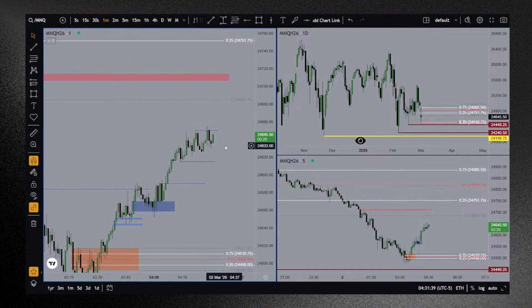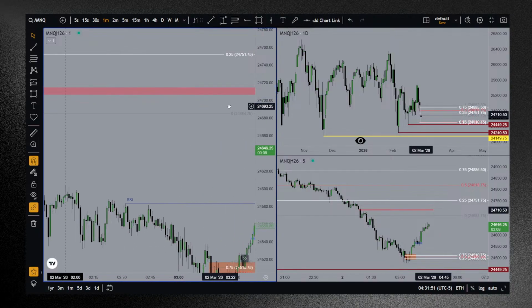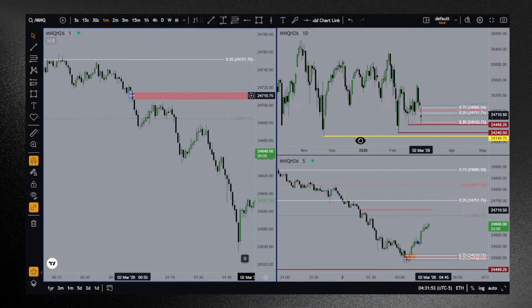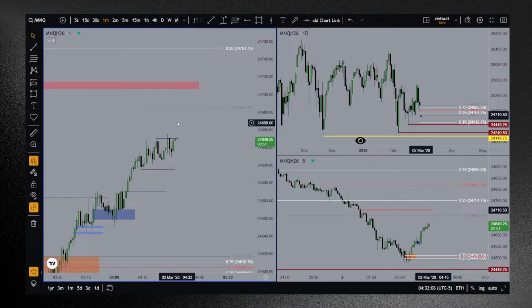Therefore, I suspect on the near term that it might want to draw up into this new week opening gap, especially this fair value gap here on the 1 minute, which is the 55 minutes after midnight candle on the 1 minute. Relative equal highs buy side and this inefficiency. That's what I'm watching.